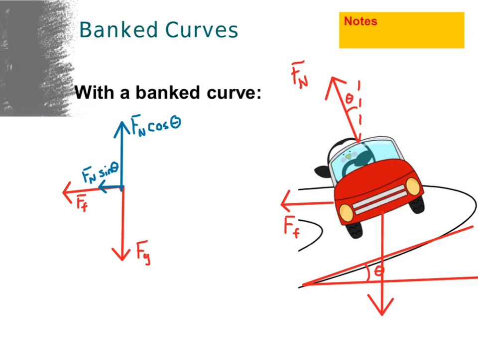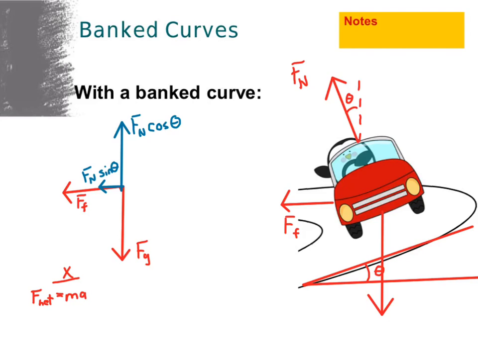So I can split now these forces and write Newton's second law for each direction. In the x direction I have F net equals ma.